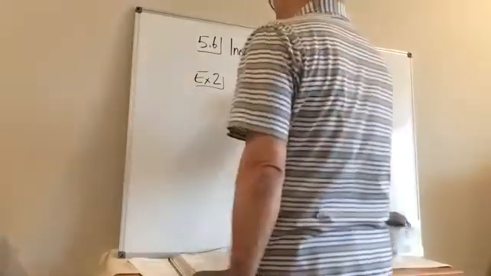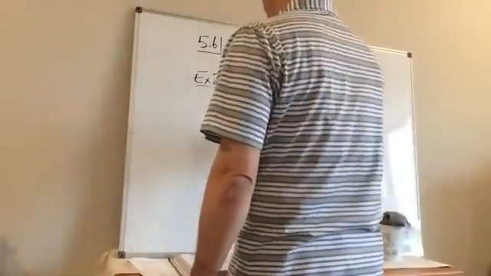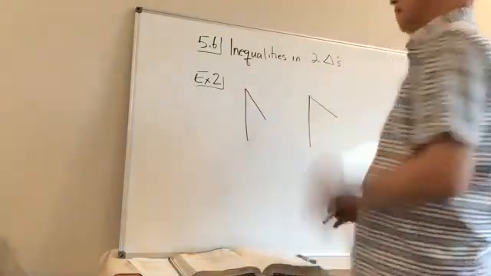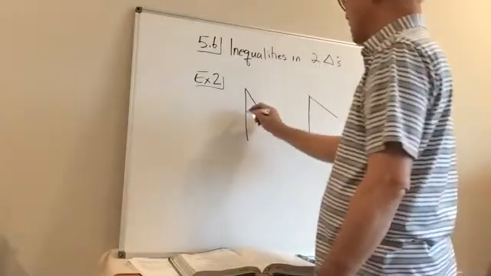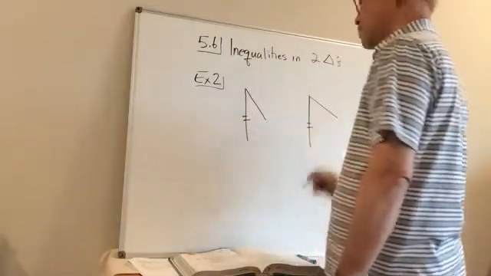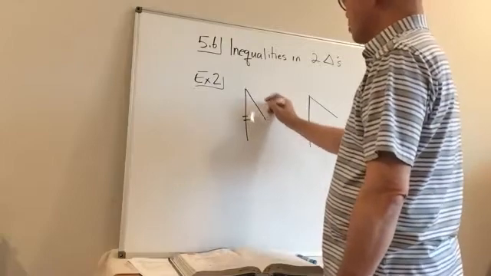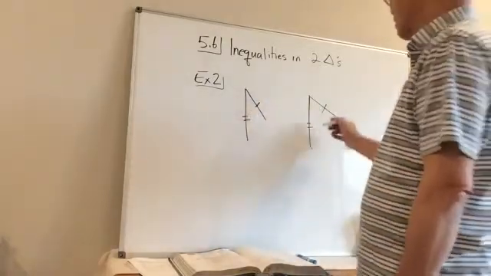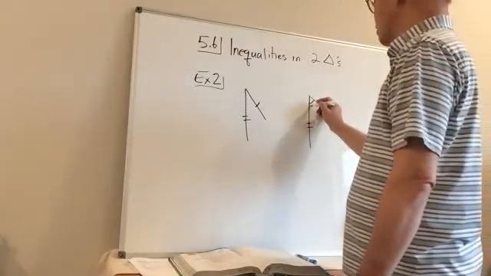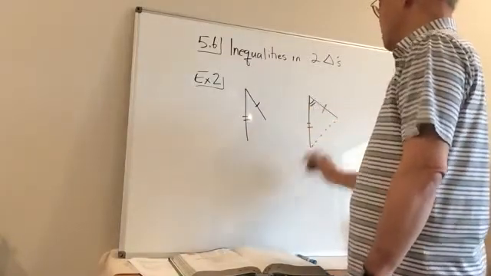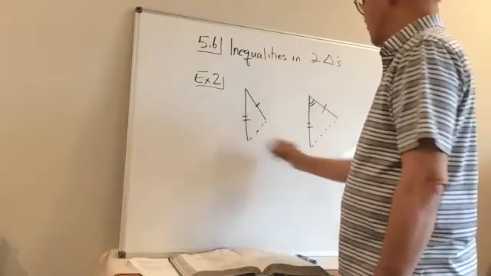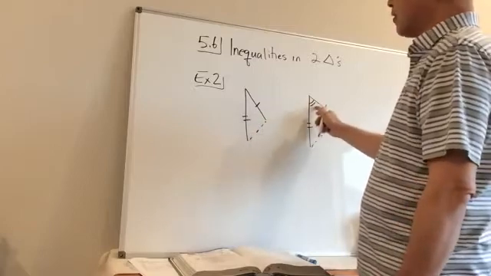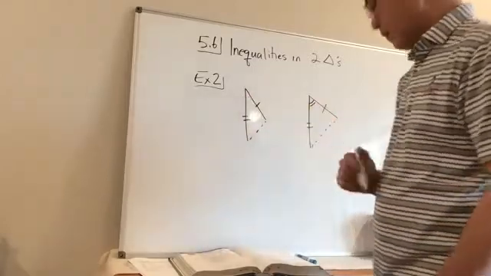Obviously, this is the same as this. This never changes, and the chain doesn't change either. So this one is going to be larger than this one because this angle is larger than this angle.